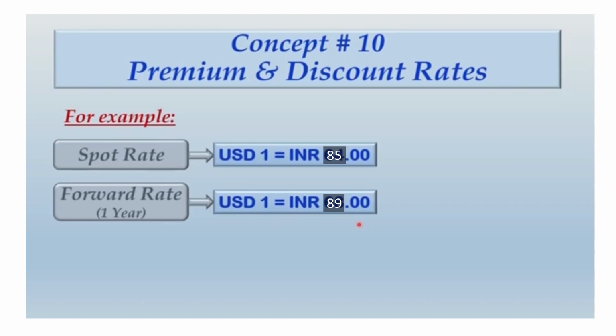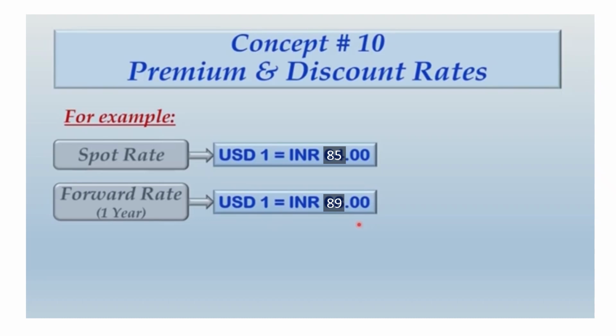The spot rate of the dollar is INR 85 and the 1 year forward rate of the dollar is INR 89. The first observation is that the US dollar is appreciating against the Indian rupee. So obviously the Indian rupee is depreciating against the US dollar, exactly what we concluded earlier. The connecting point would be that USD is quoted at premium in the forward market.